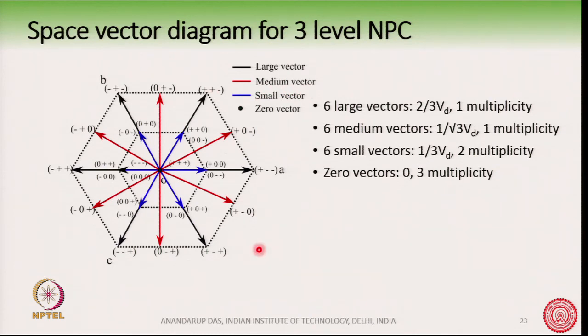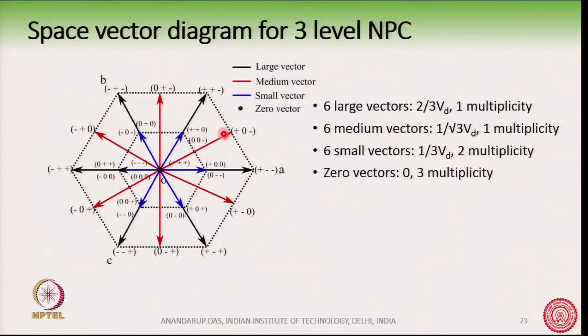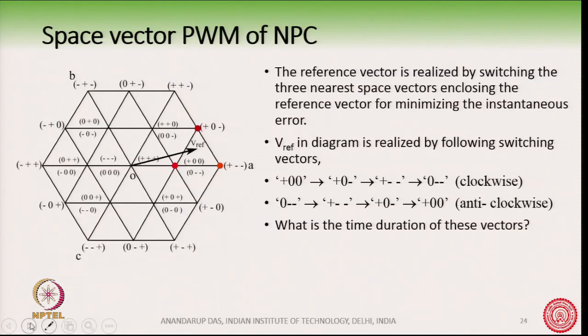In many cases, in the books or in the literature, you will find that these vectors are often joined by lines, and such a space vector diagram is often shown.